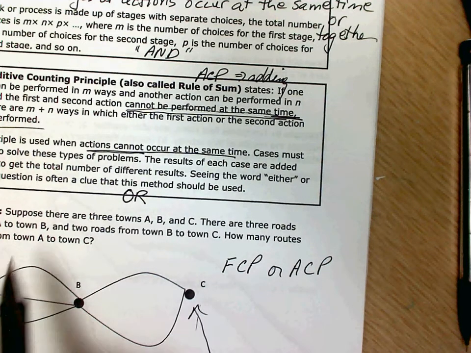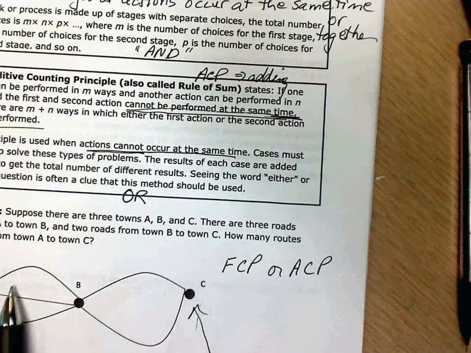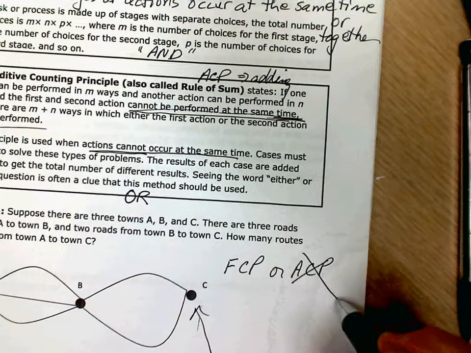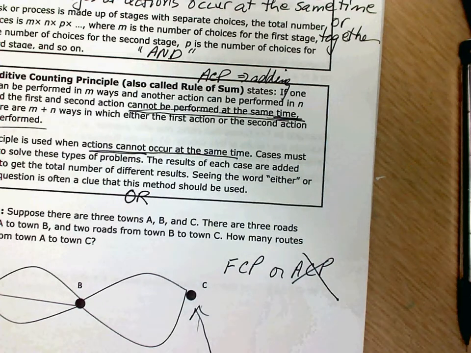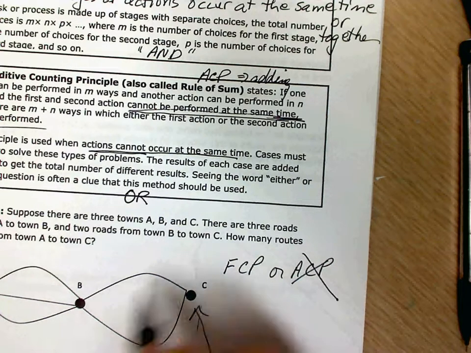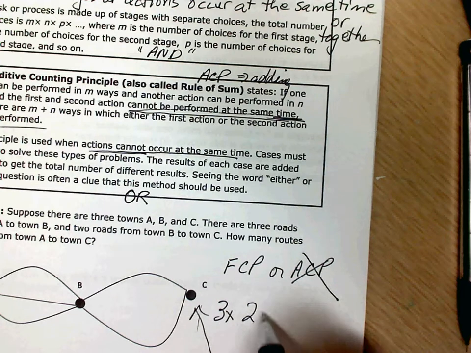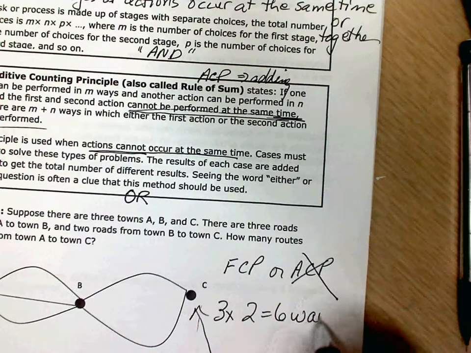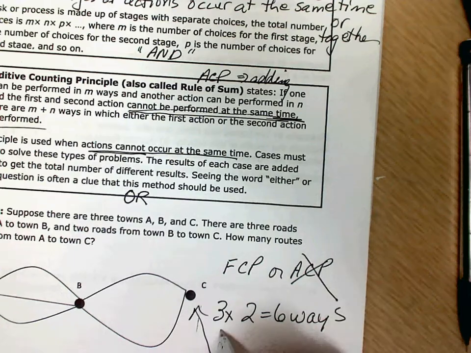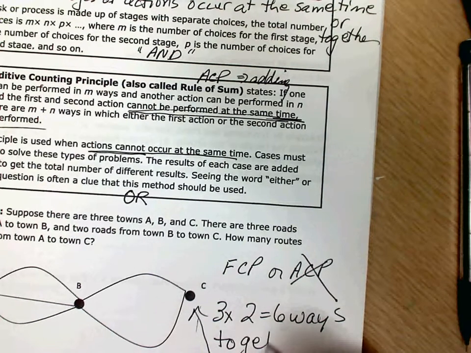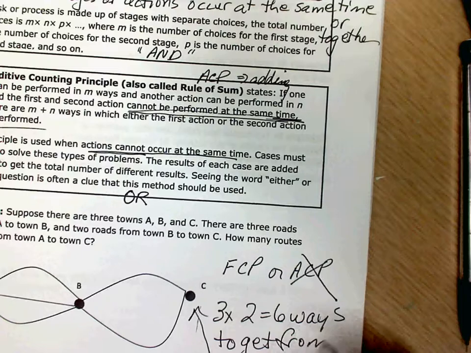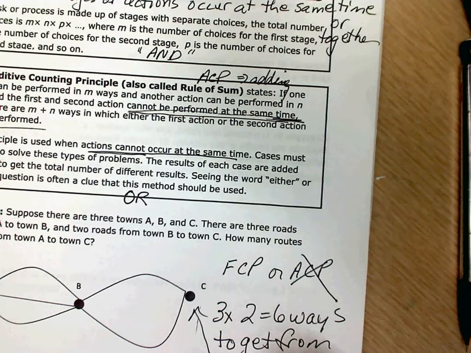So it's not additive, it is the fundamental counting principle. So how many ways are there? We go 3 times 2 equals 6 ways to get from A to C.